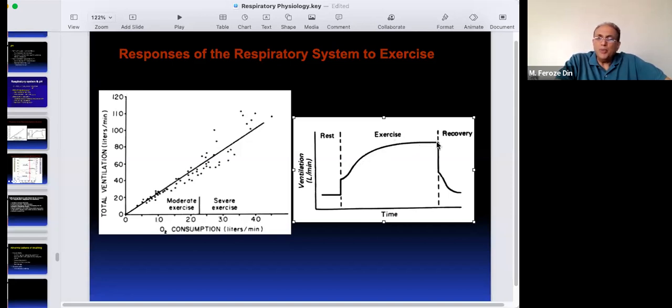And then when you stop exercise, the thought that you have stopped and the cessation of the muscular movements will immediately cause a fall in the respiratory rate. This is also a feed-forward response. It's from the proprioceptors and from the thought process that exercise has now stopped.